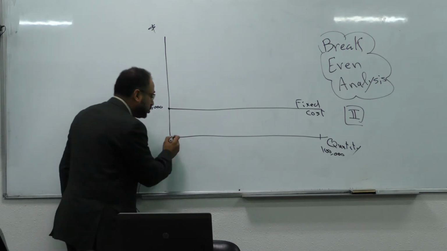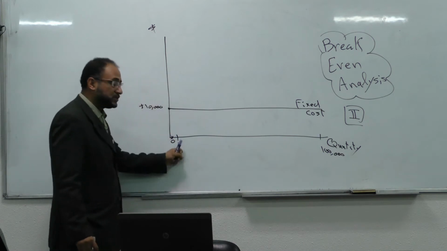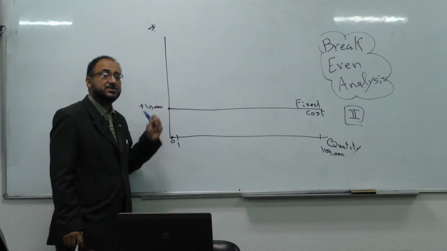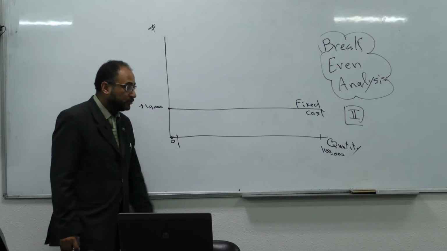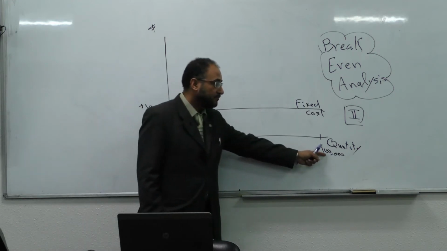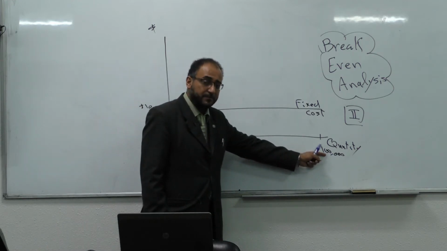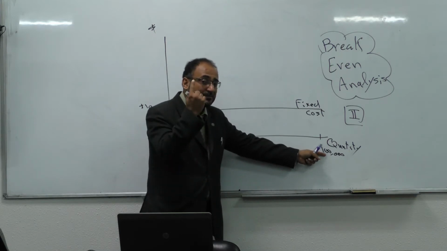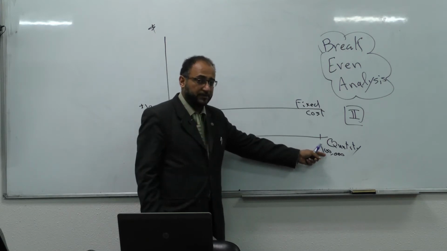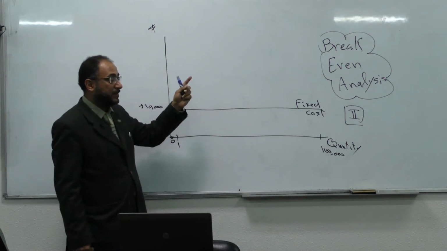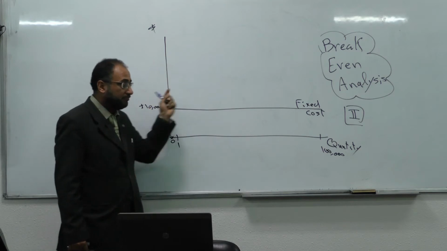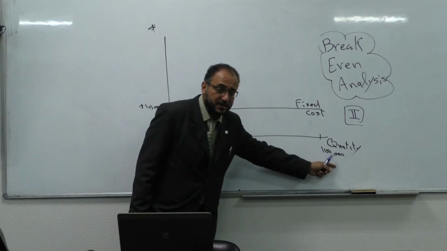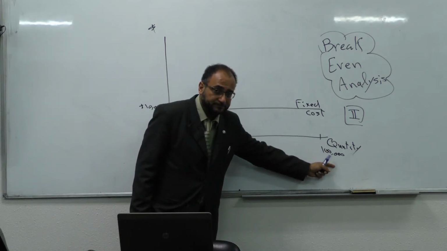When you are producing 1 unit, it means this one costs us $10,000. But when you are producing 100,000 units, each unit will cost you how much? It's $0.1, because we are dividing the $10,000 by the 100,000 units. It means 0.1.